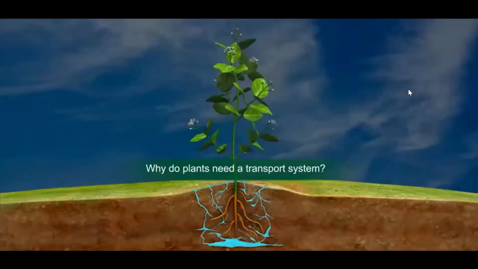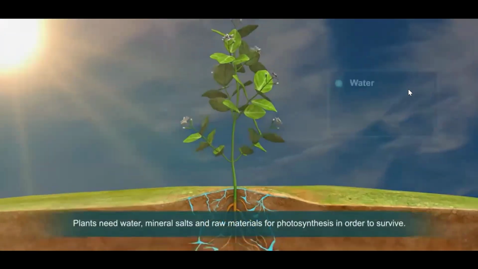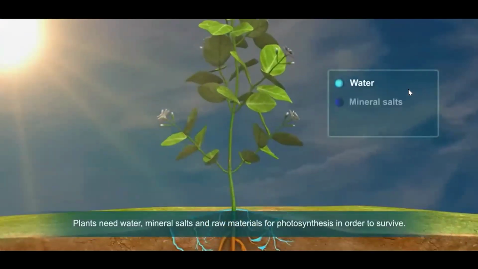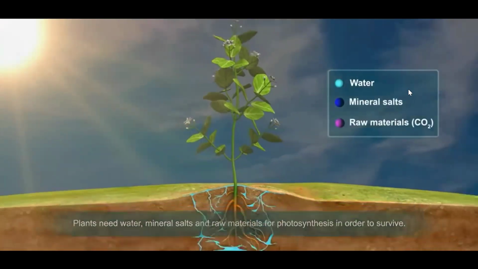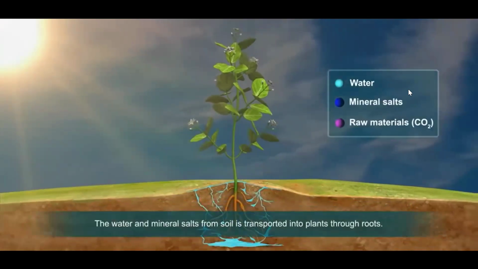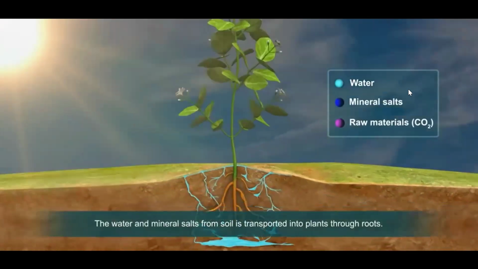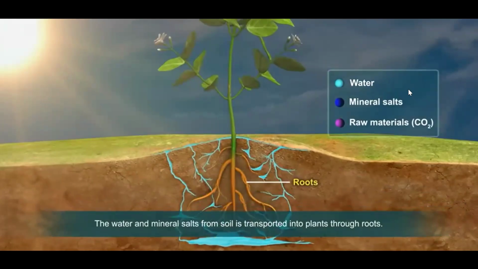Why do plants need a transport system? Plants need water, mineral salts, and raw materials for photosynthesis in order to survive. The water and mineral salts from the soil are transported into plants through roots.